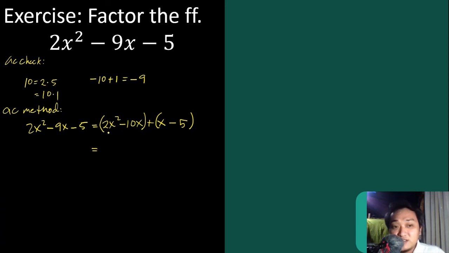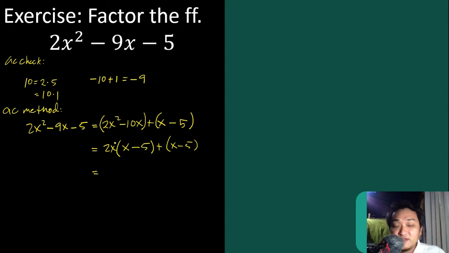So, in this case, we can factor out 2x, and then let us divide. 2x squared divided by 2x is x, minus 10 divided by 2 is 5, x divided by x is 1, plus x minus 5. Wala naman tayong GCMF sa x minus 5, so as is.